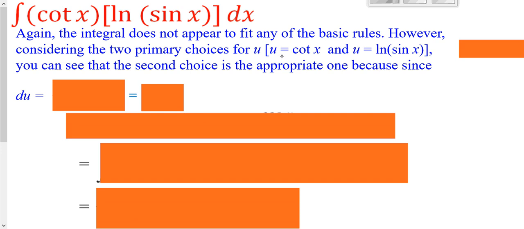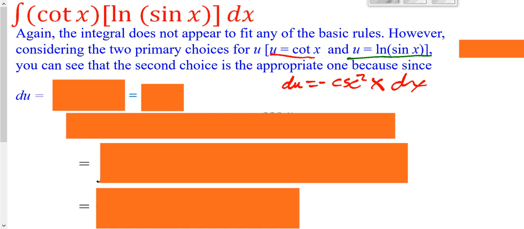So as you look here, if you considered u being this, if you did your derivative of u, you get du is equal to the derivative of negative cosecant squared x dx. But that doesn't show up in the rest of our problem. However, let's consider u being this.